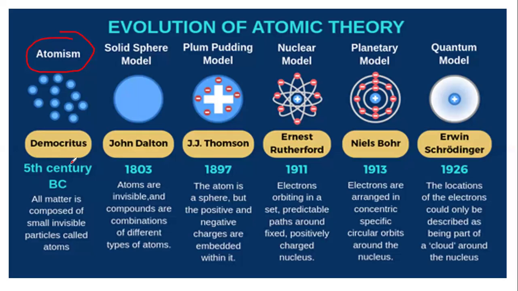He believed the smallest thing you can ever find on Earth was the atom. So all matter, meaning everything we use, the shoes, the clothes, the wall, was composed of small particles called what? Atoms. That was the view of Democritus.